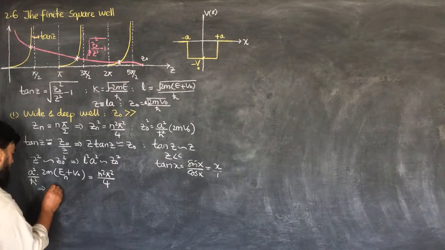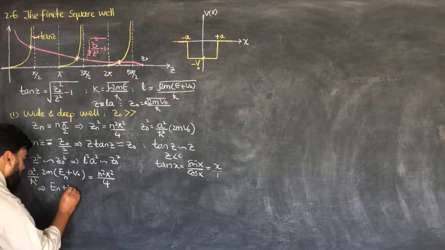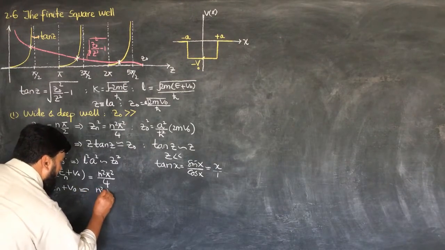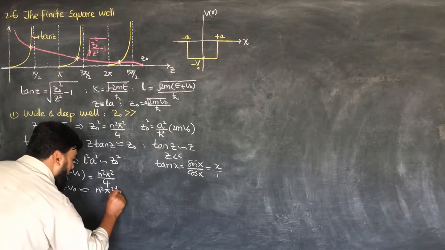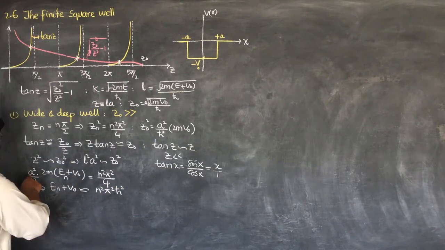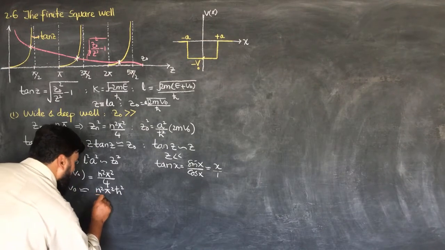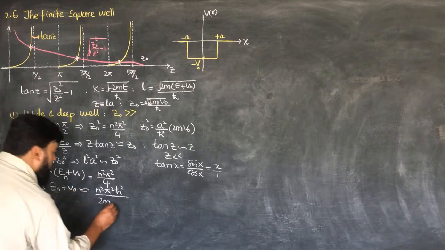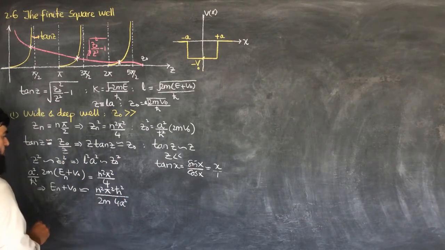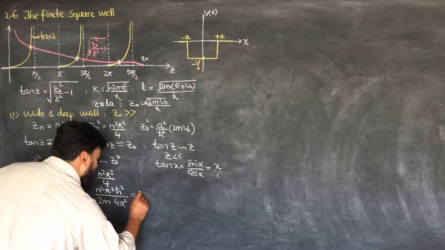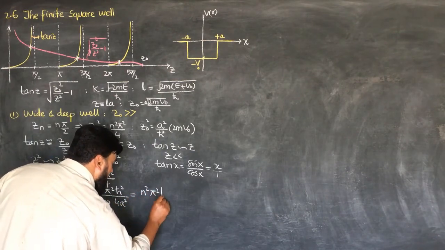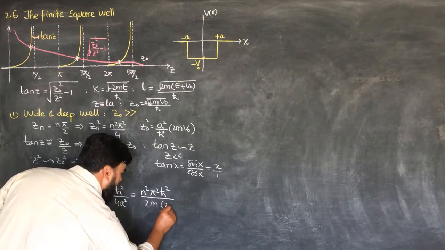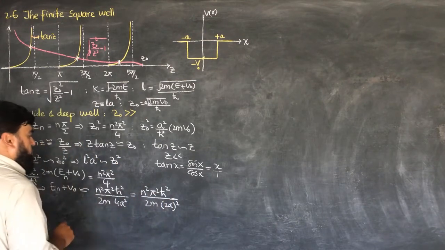So E n plus V naught is approximately n squared pi squared h bar squared, with 2m and 4a squared coming down, which I can write as n squared pi squared h bar squared divided by 2m times 2a squared.